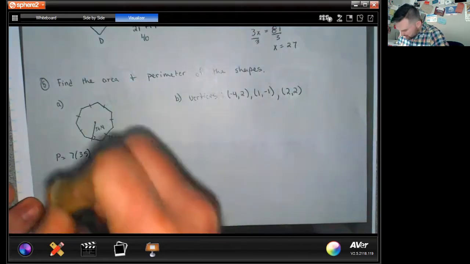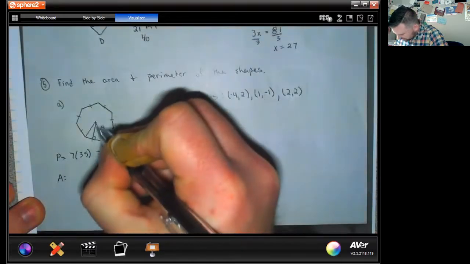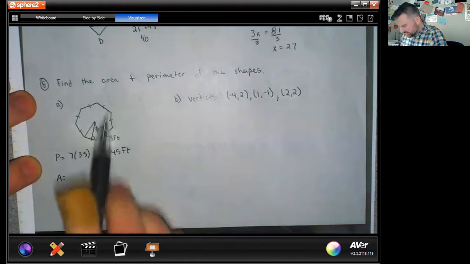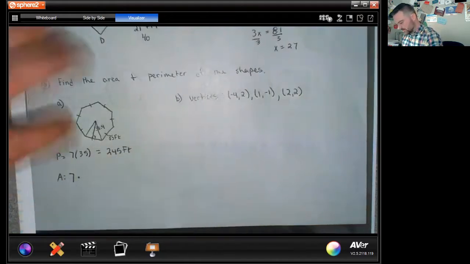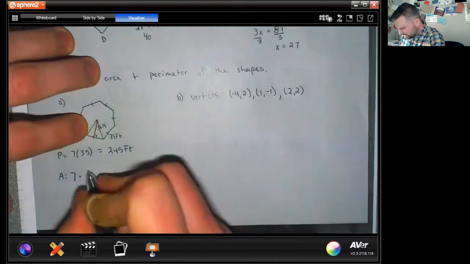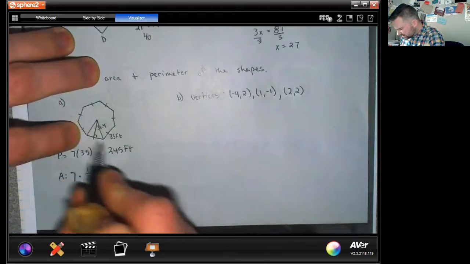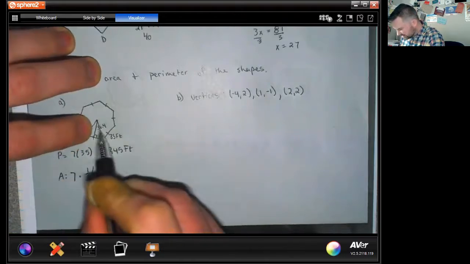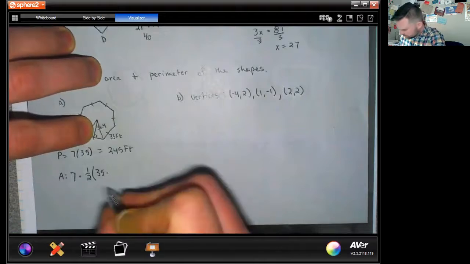Now, for the area, remember we split this thing up into a triangle. And in fact, I'm going to have 7 triangles. So we're going to take 7 times the area. Let's just focus on this triangle right here. To find the area of the triangle, that's 1/2 base, which is 35, times your height, which in this case, they give me the height, or the apothem, to be 36.4.